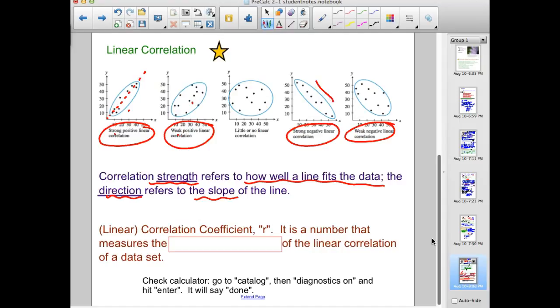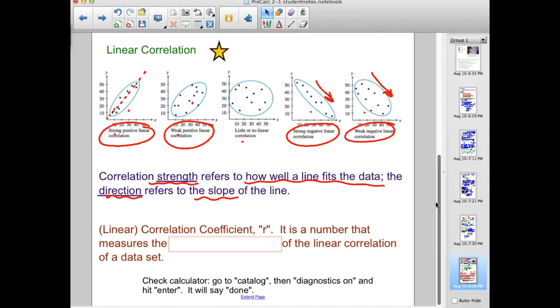These both have a negative slope, so we would say they have a negative correlation. Again, this one would be strong and this one would be weak. If you have a picture like this middle one, where I say draw a line from those points, where would it be? I can't tell. They're just randomly all over the place. So we would say there's little or no correlation.